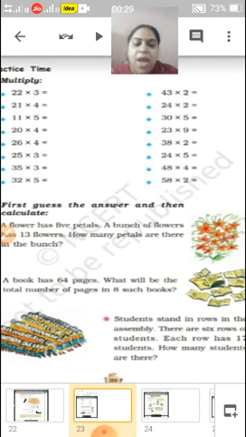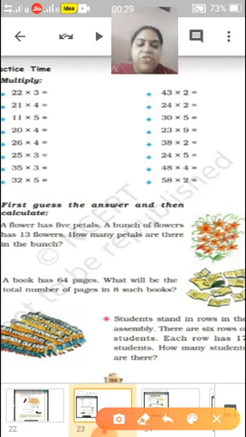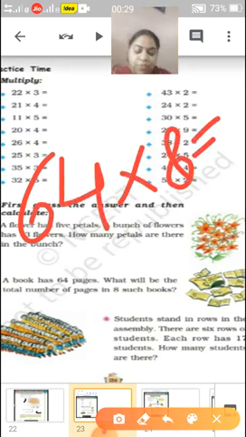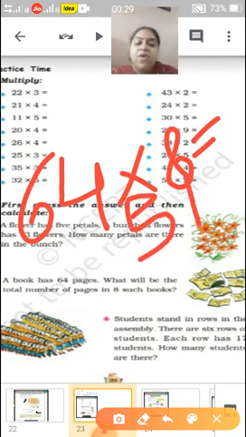A book has 64 pages. What will be the total number of pages in 8 such books? So children, that means 64 into 8 is equal to 512. Okay.